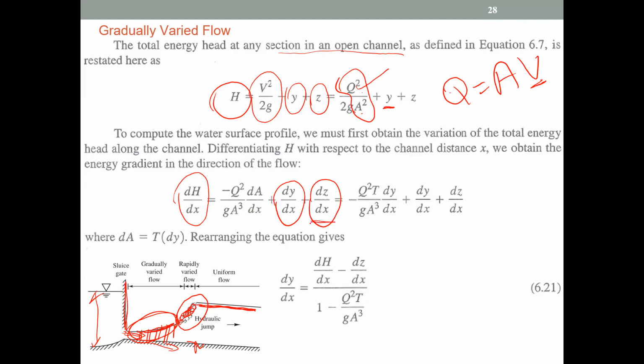What is this dz over dx? Can someone tell me? dz over dx. Anyone? What is the meaning of dz over dx?